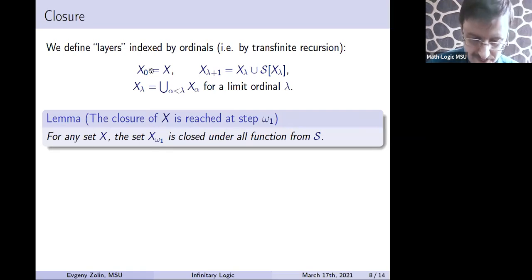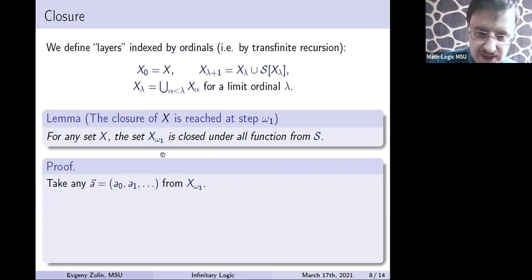The main conclusion is that if we have only functions with at most countable sets of arguments, then the closure is reached at the step omega 1, the first uncountable ordinal.